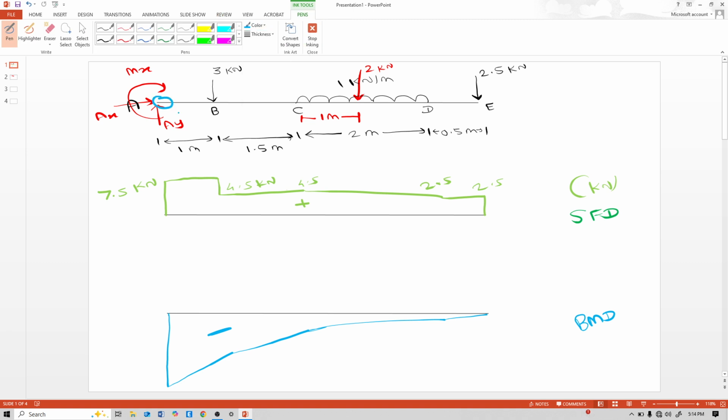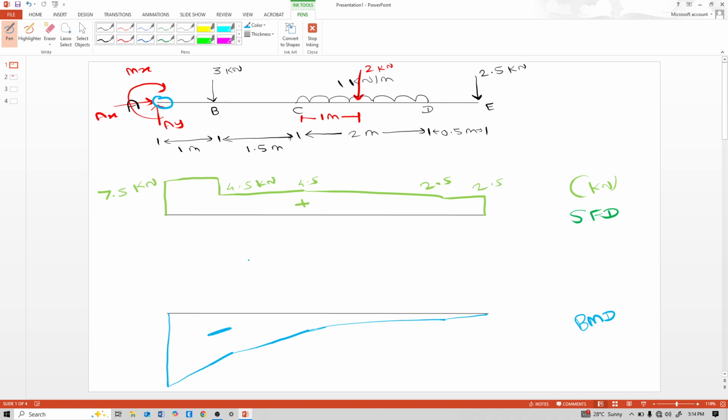Now calculate moment at this point. Clockwise positive, anti-clockwise negative. This 3 kN is clockwise, so positive 3 into the distance from 3 kN to that point, which is 1 meter. So positive 3 into 1. This 2 kN is clockwise, so positive 2 into 1 plus 1.5 plus 1, that means 3.5. Again this 2.5 is also clockwise, so positive 2.5 into distance 1 plus 1.5, 2.5 plus 2, 4.5 plus 0.5, that means 5.